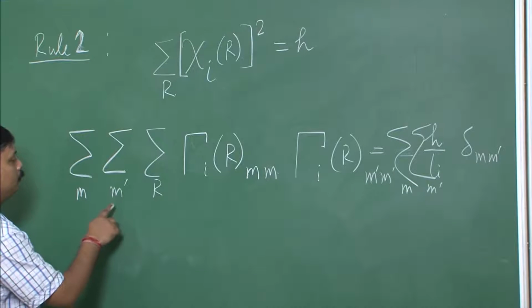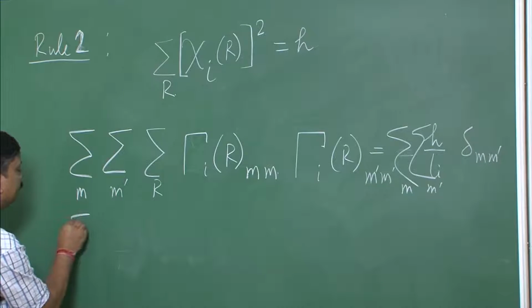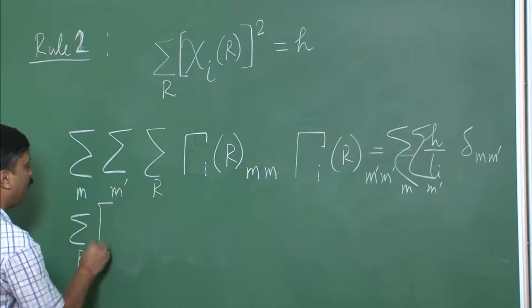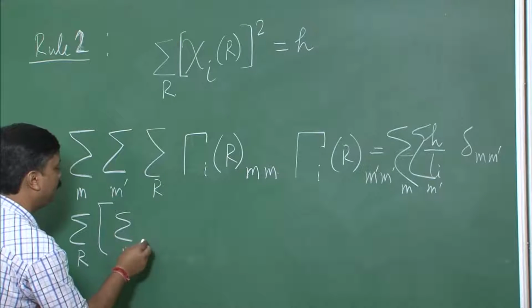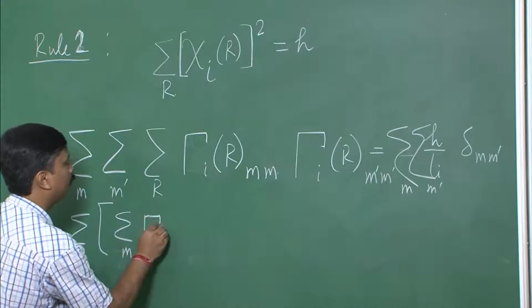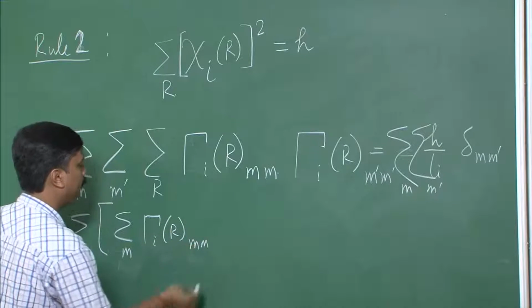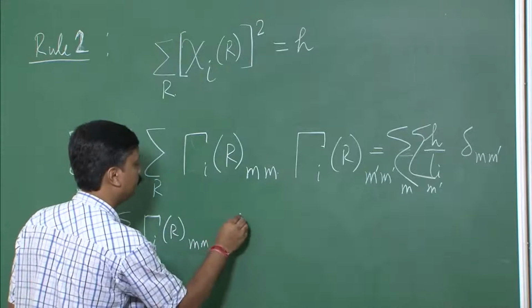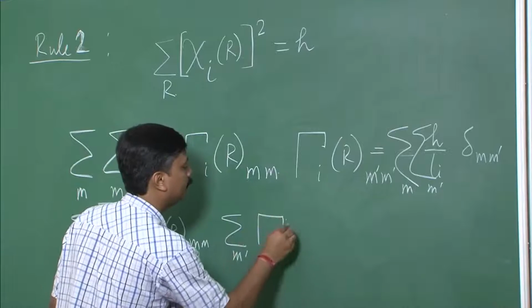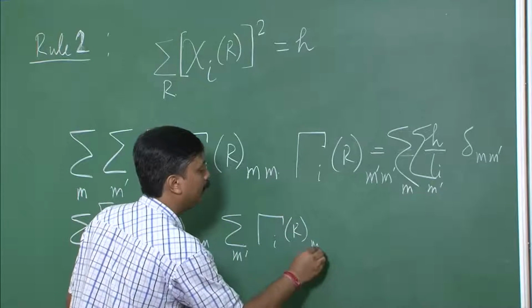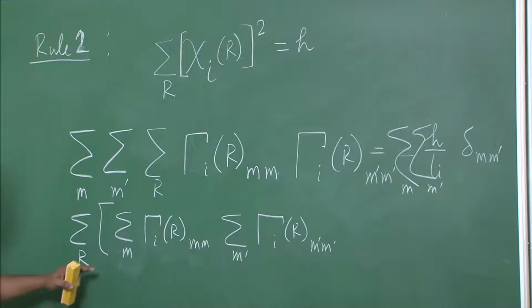The order of summation is immaterial, so we can rearrange this and have the sum over m of gamma_i(R)_mm, and the sum over m' of gamma_i(R)_m'm'.